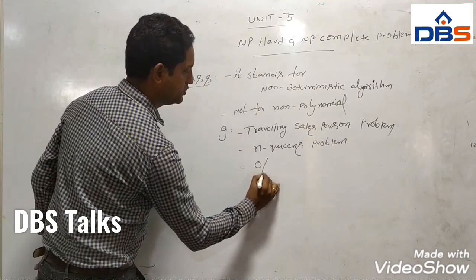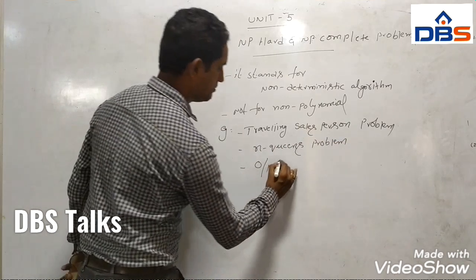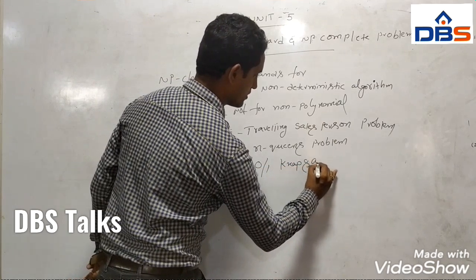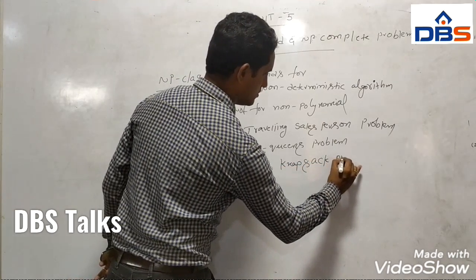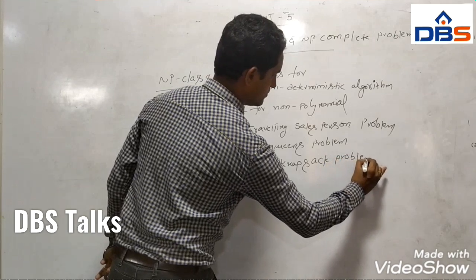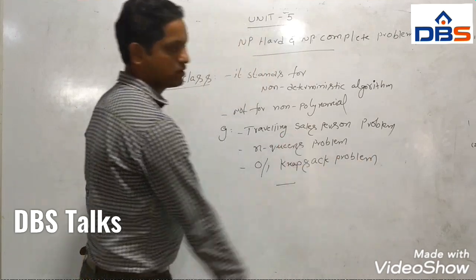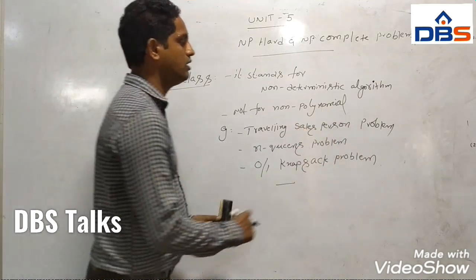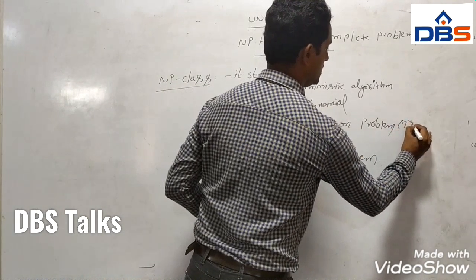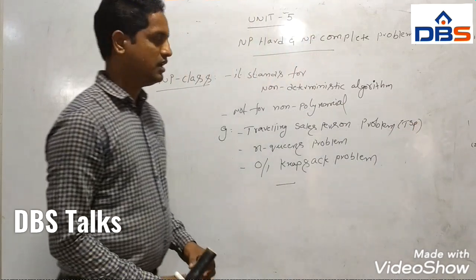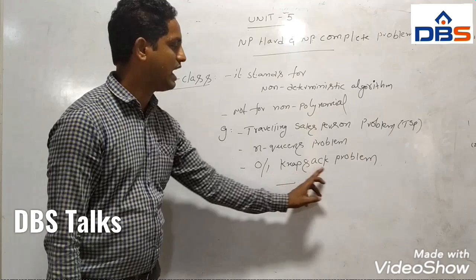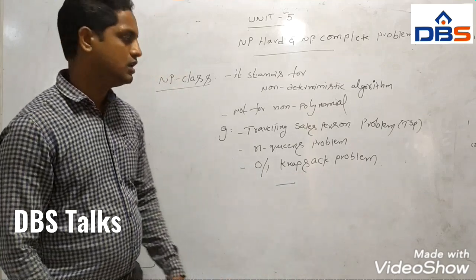Next, the 0-1 knapsack problem. And so on. So these are the examples. The traveling salesperson problem is called TSP. The second one, the N-Queens problem. And the third one, the 0-1 knapsack problem. And so on.